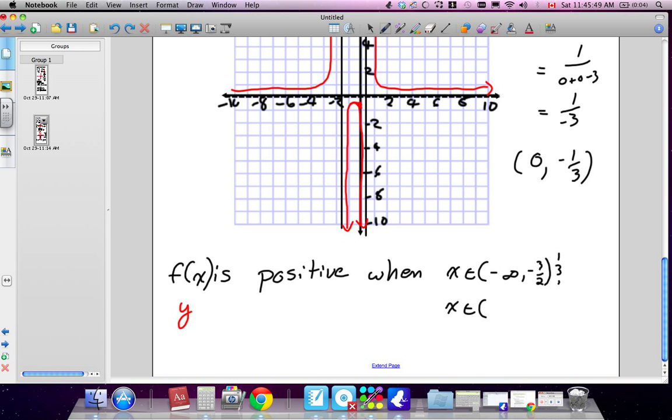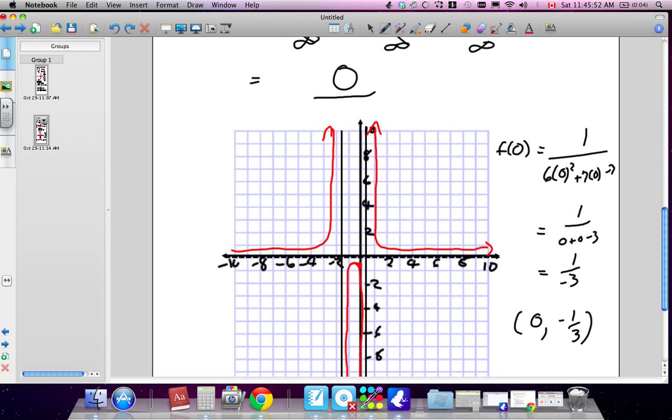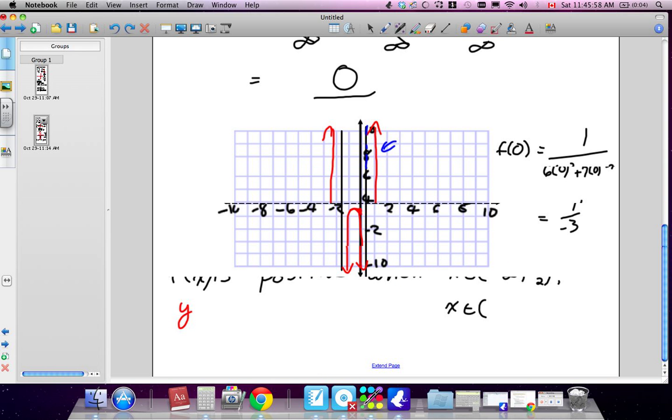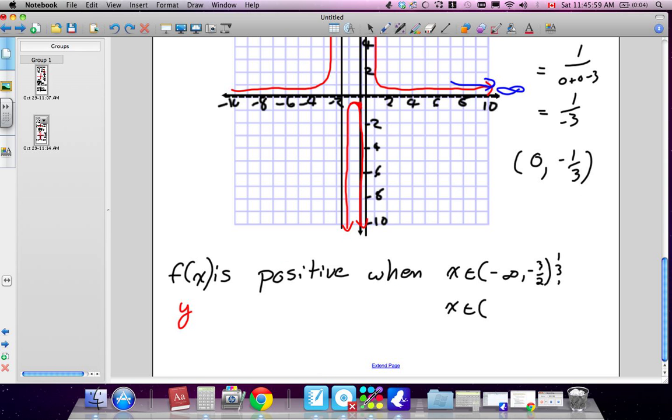What's our other cutoff for f at x? 1/3 all the way to what number? It goes to positive infinity. So when x is from 1/3 to positive infinity. So what we've done is state when y is positive: anything between -infinity and -3/2, so that's from all the way there to here, and then from here on, it's positive.